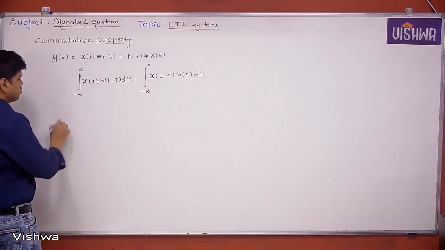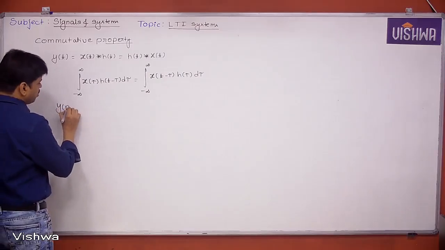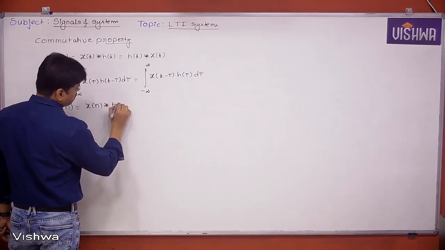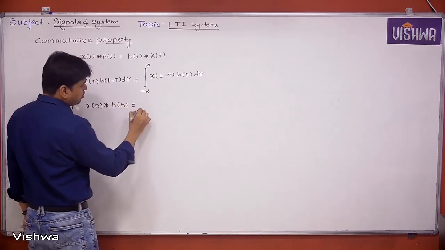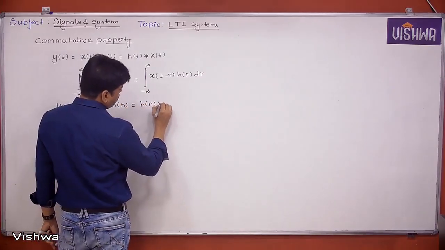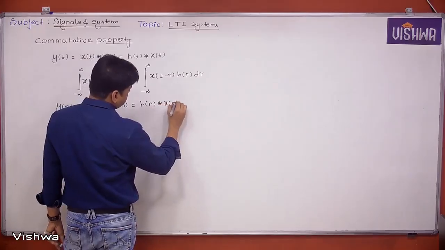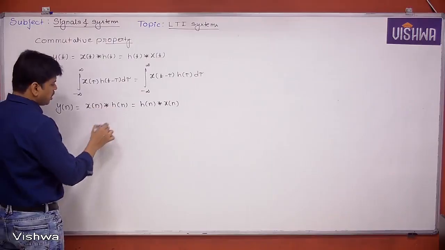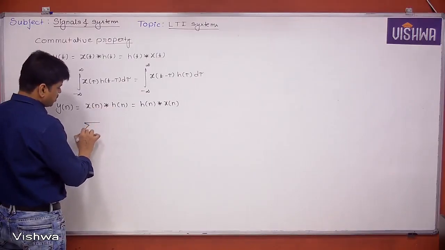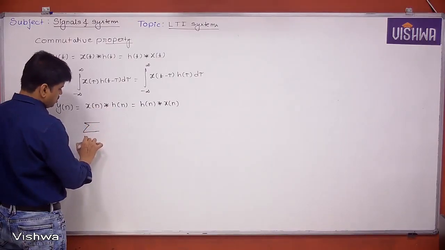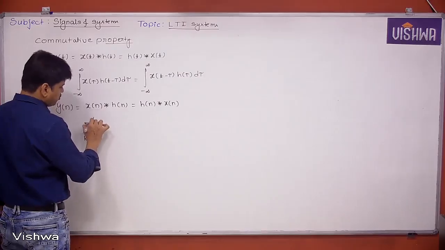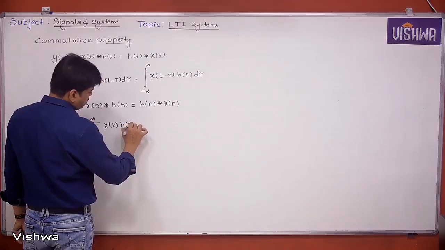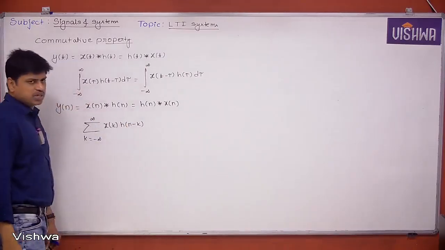In a similar manner, for the discrete time case, y of n is equal to x of n convolution with h of n, which is also equal to h of n convolution with x of n. Here, x of n convolution with h of n has the formula summation k equals minus infinity to infinity of x of k h of n minus k.